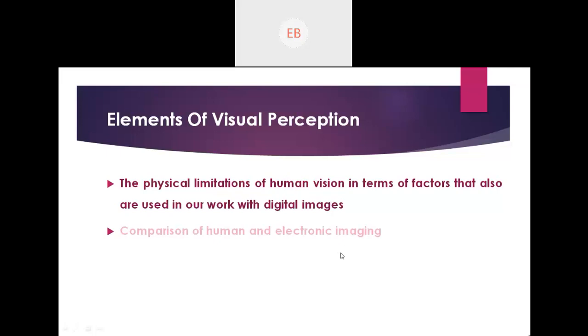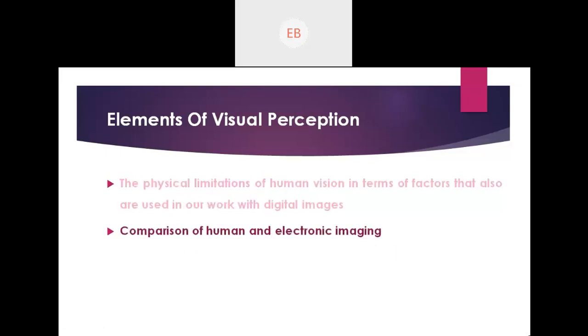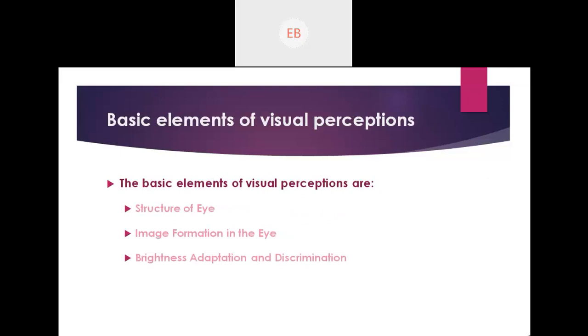These factors, that is, human and electronic imaging, we have to compare between. And then we talk about the basic elements of visual perception.